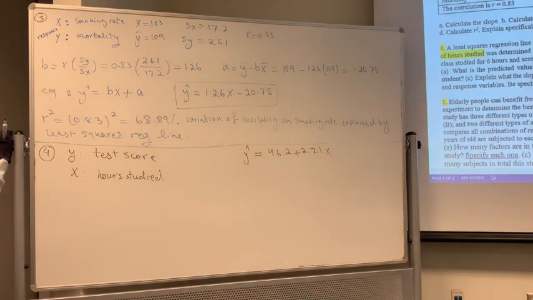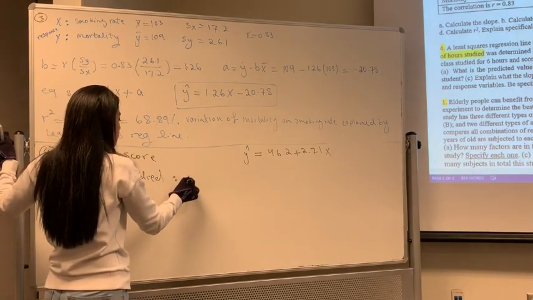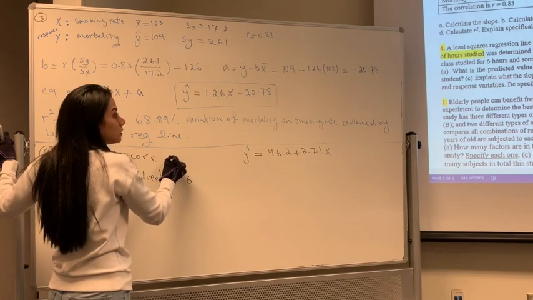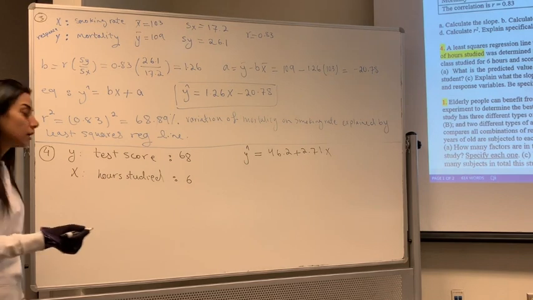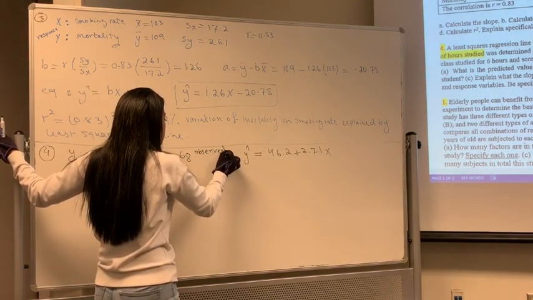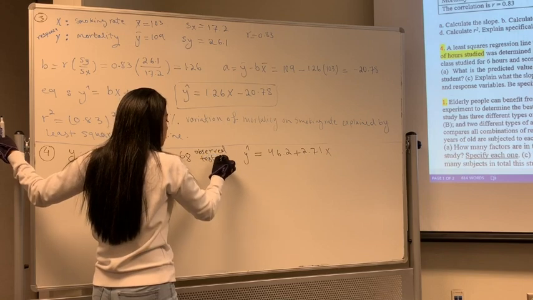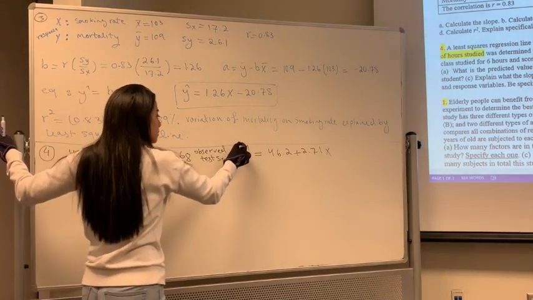And it says one student in the class studied for 6 hours. So x is 6 hours and the test score is 68, right? And this is the observed test score or observed response, correct?